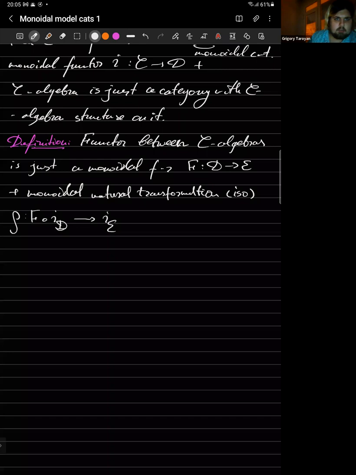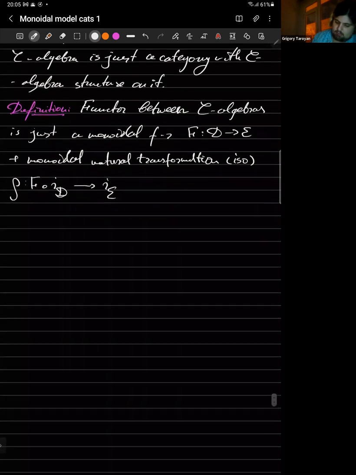Yeah, okay. So we should have a monoidal natural isomorphism between these two functors of C.